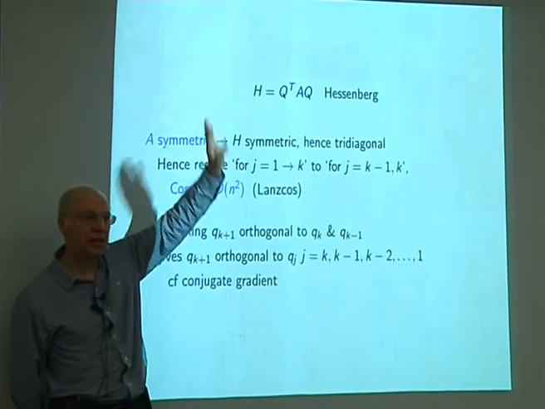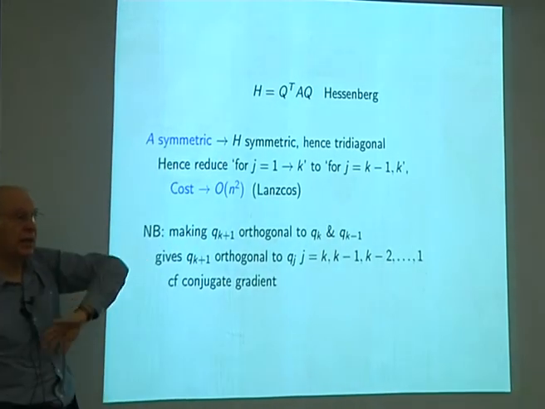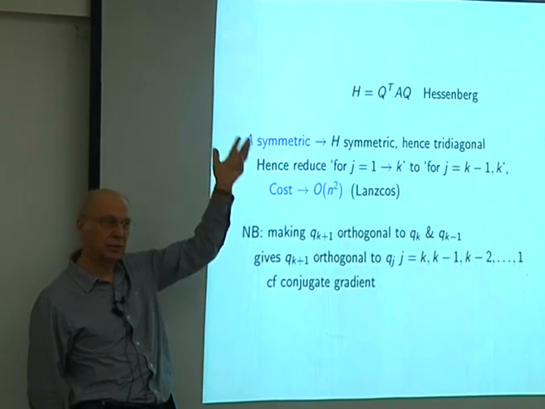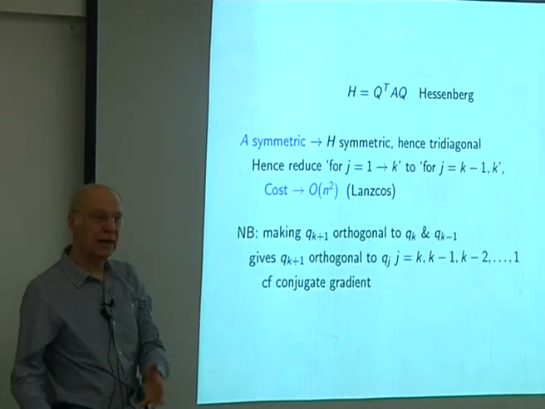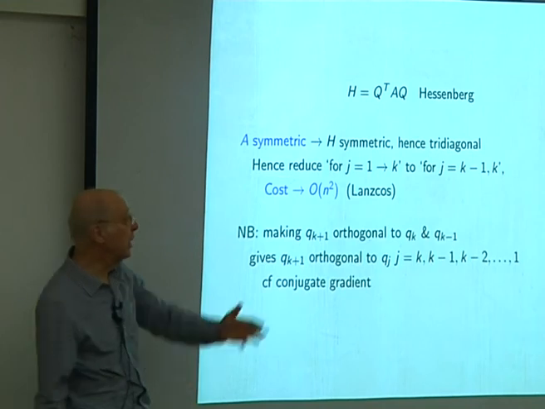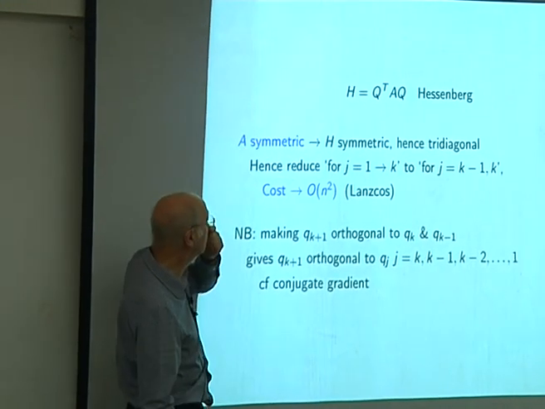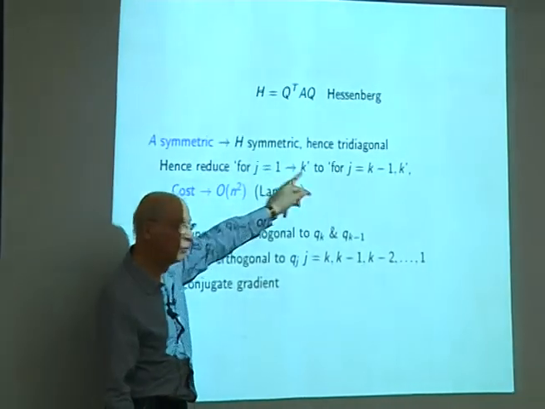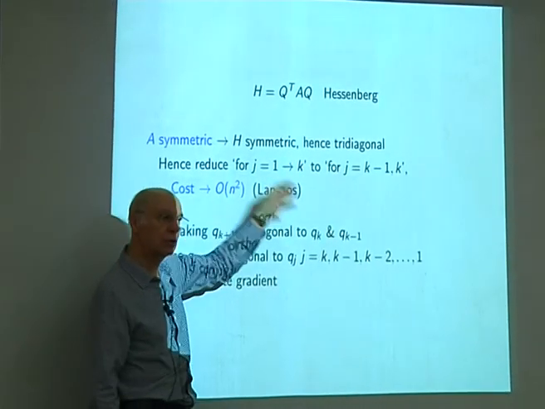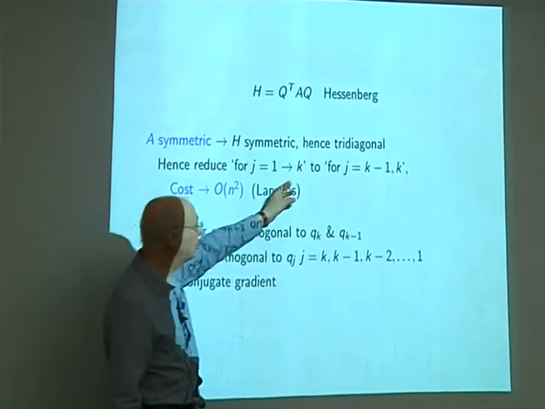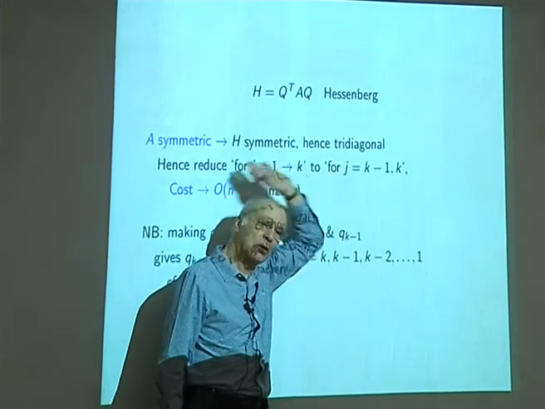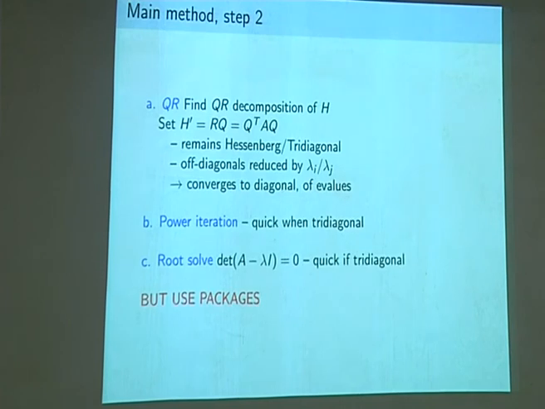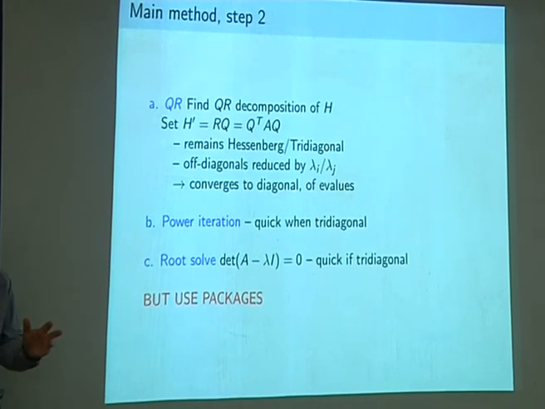I was thinking of producing H as being upper diagonal with an extra subdiagonal line, but now I've declared A is symmetric, it turns out that it's tridiagonal. So as I said before, you run all the way along the row, but you don't have to, because lots of things are going to end up as 0.